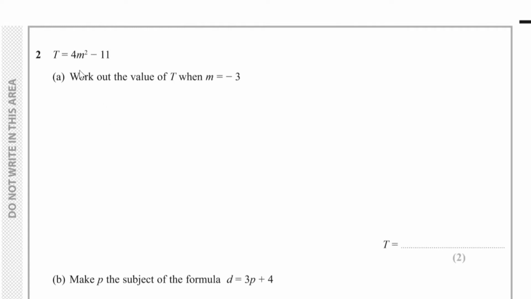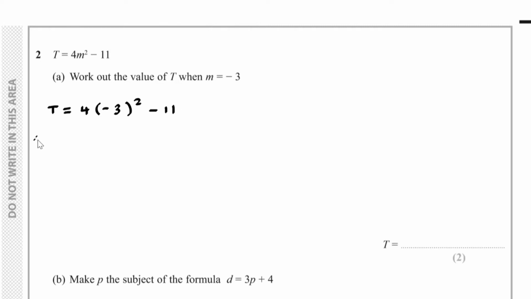Question number 2. We have t equals 4m squared subtract 11. We have to work out the value of t when m is equal to -3. We replace the m with -3. And so we have t equals 4 multiplied by -3 squared minus 11.